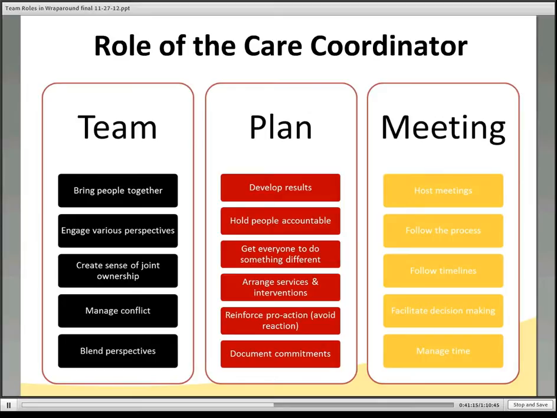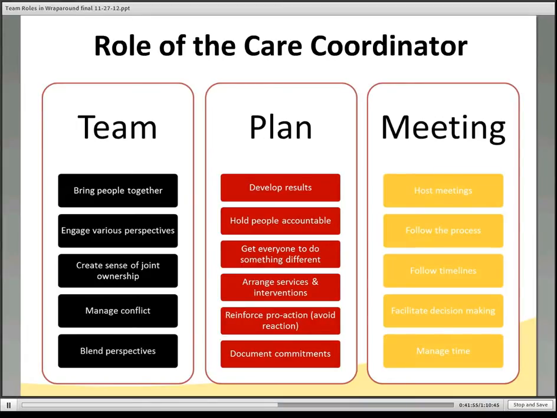And how do they make sure that they're arranging services and interventions that are appropriate, that have been discussed in a team, that people aren't just throwing things in on the side or saying, oh, I think we should add this in or do this, that we really have a strong commitment to what it means to be involved in a team planning process and hosting those meetings, following the process, following those timelines, and really managing the flow of how all of that works, again, within the community instead of within a program.